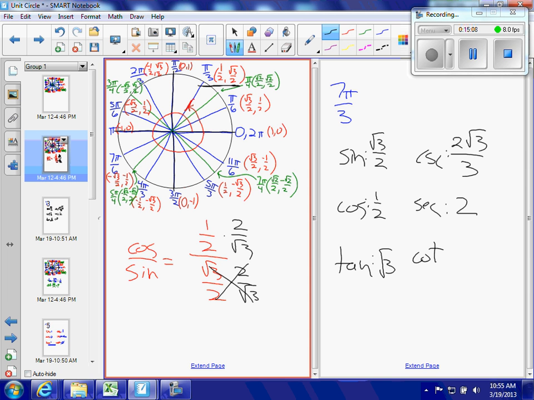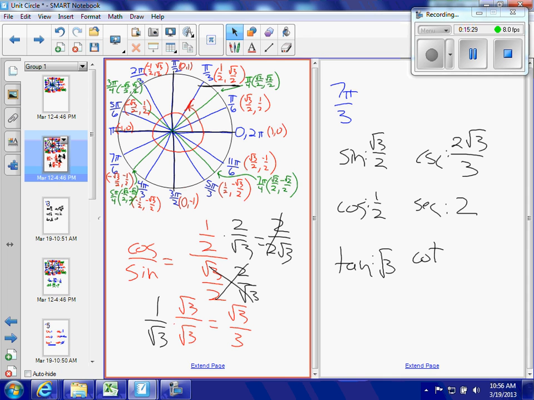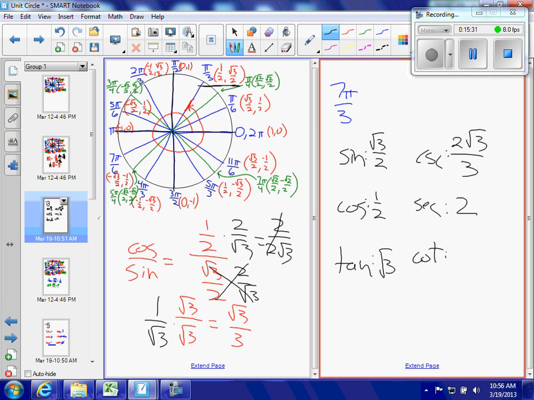This is equal to 2 over 2 radical 3. I can cancel out my 2's, so I have 1 over radical 3. I need to get my radical 3 out from underneath the bottom of that. So I'm going to multiply by radical 3 on the top and the bottom, and I get radical 3 over 3. So my cotangent is radical 3 over 3.